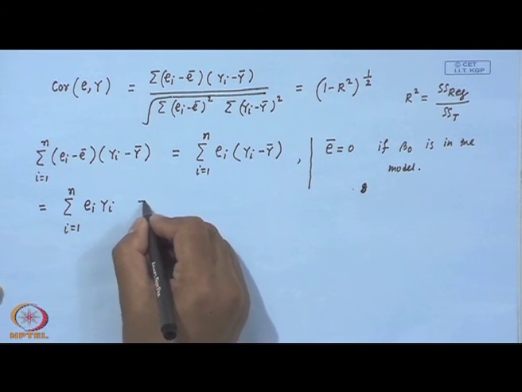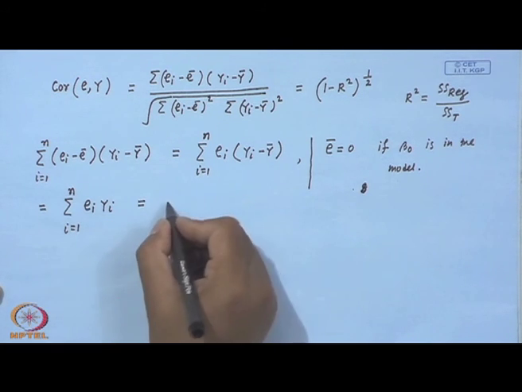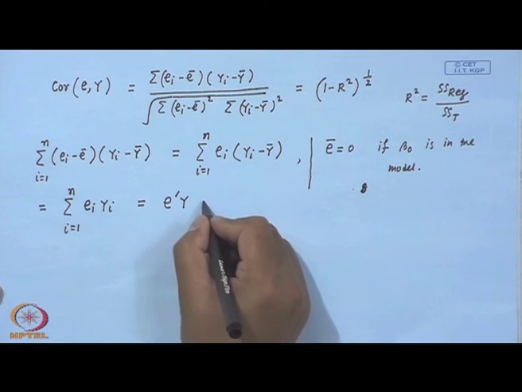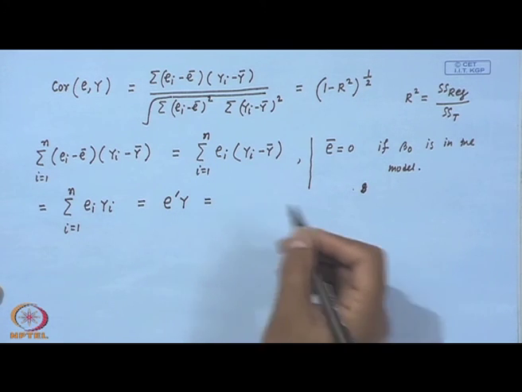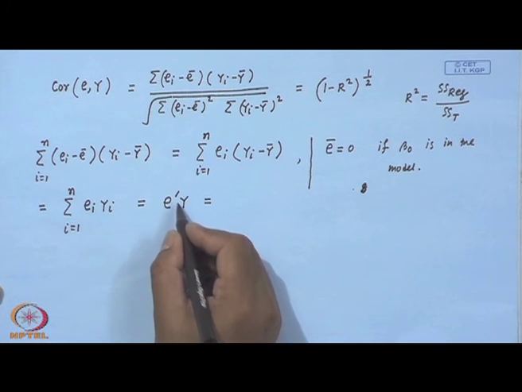So, in vector notation this can be written as E prime y or y prime E. Okay.